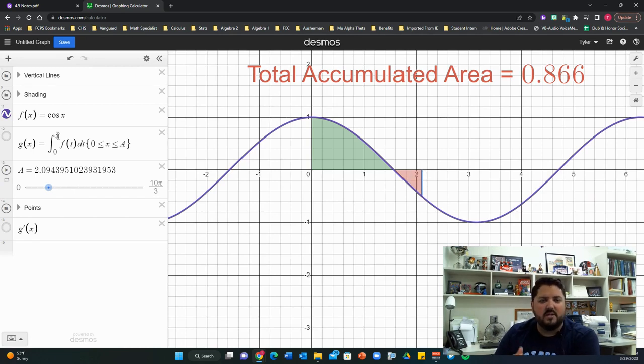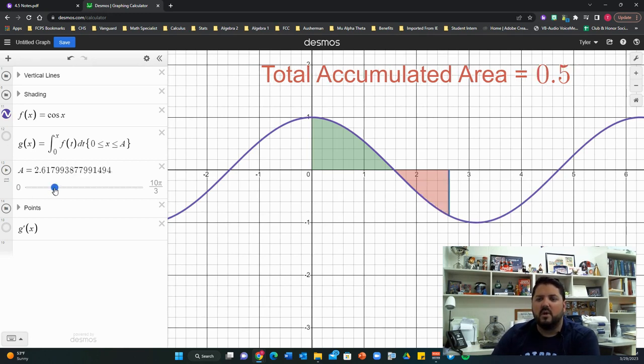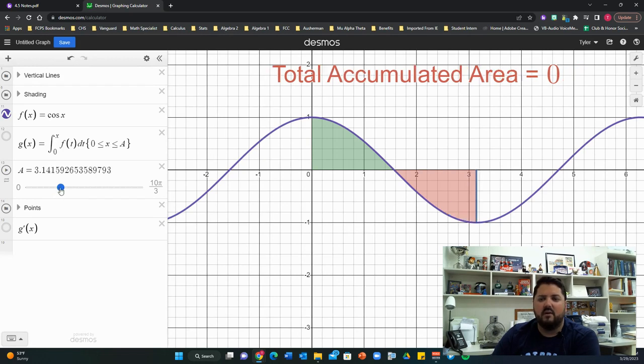That upper bound has continued to increase, so where I'm stopping the accumulation of the area has moved further down the line. So as this continues, we are going to incorporate more and more negative area until eventually, now I'm at pi. Now those two regions are perfectly equal in size, but one is positive and one is negative, so that's why they actually total up to 0.